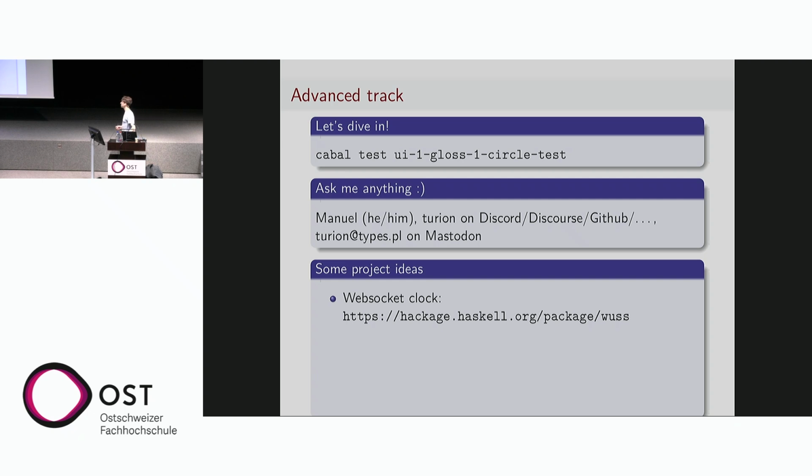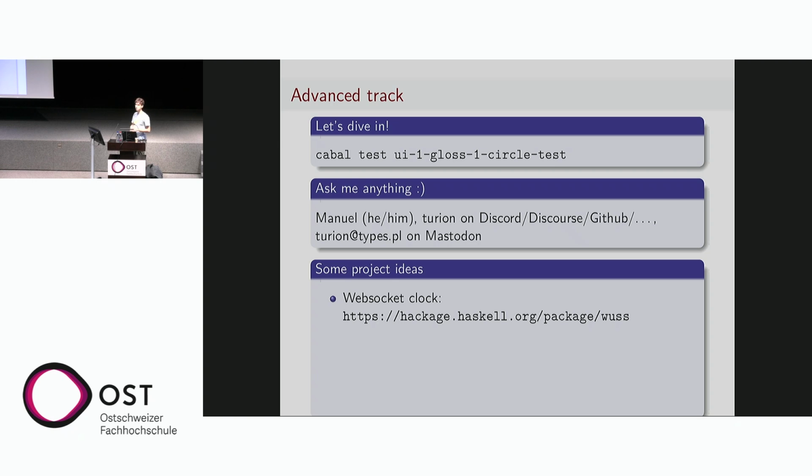And if you want some more ideas what you could do with Rhine to play around a bit, you could write your own clock. You can take a WebSocket, connect it to something that serves WebSockets, and you can take a package like wai or a WebSocket package to make a clock that ticks whenever one frame from the WebSocket arrives.